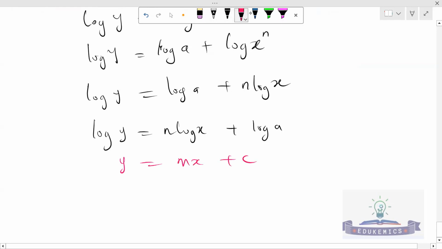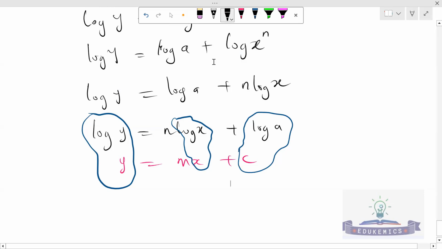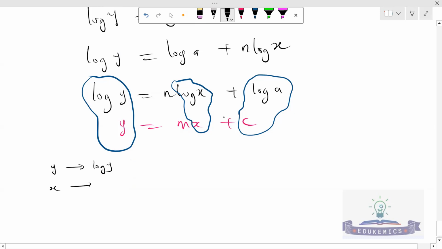So we can see from here that this is y, log x is the x, and then the intercept is this. So that means our y equivalent is log y, and the x equivalent is log x.